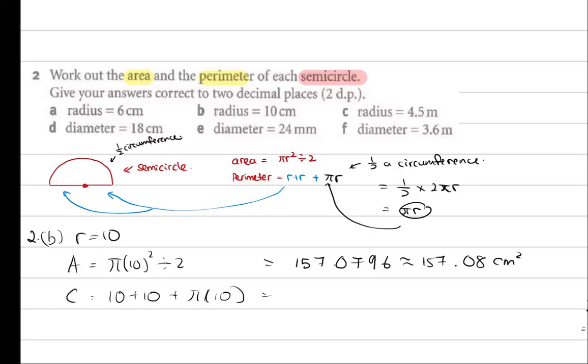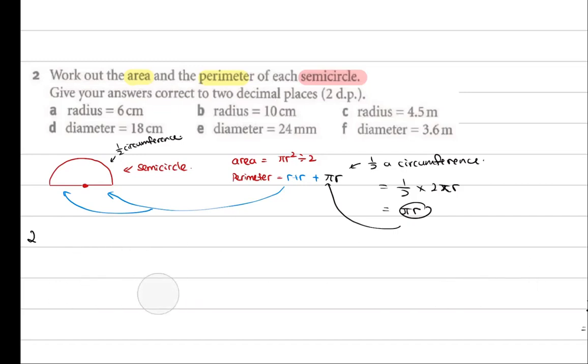Okay. And then the bottom one will be pi times 10. 51.4159, 51.42.